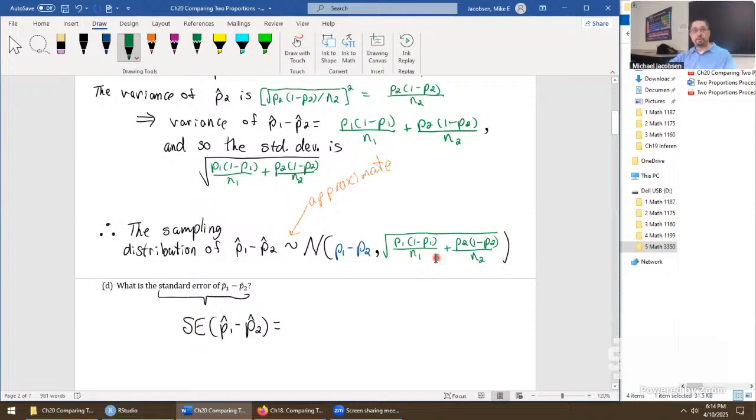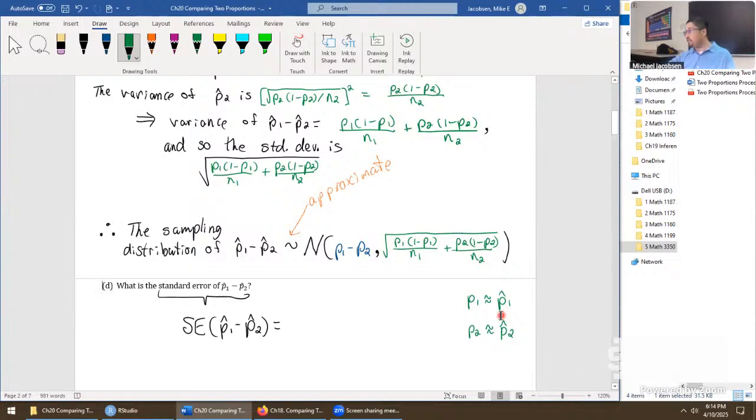Coming over here, we make the observation we can't throw that in, but P1 is approximated well by p hat 1. We're just throwing in the statistic is the idea. P2 is well approximated by p hat 2. So we even have estimates on this, but we don't have any notion of the error in that estimate.